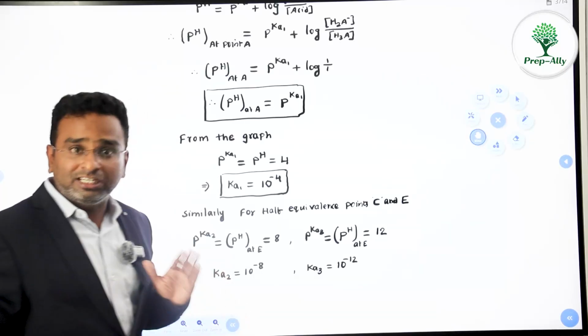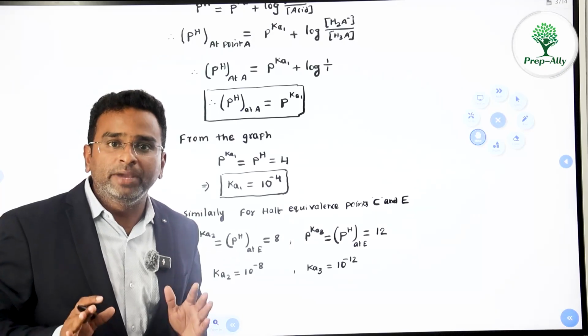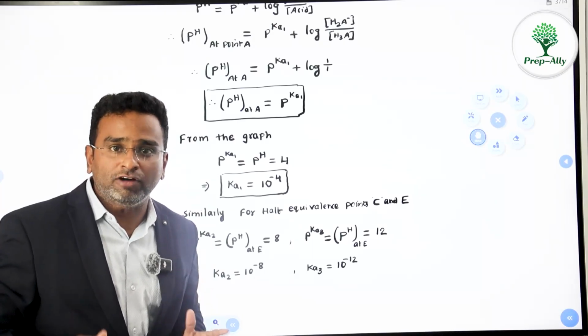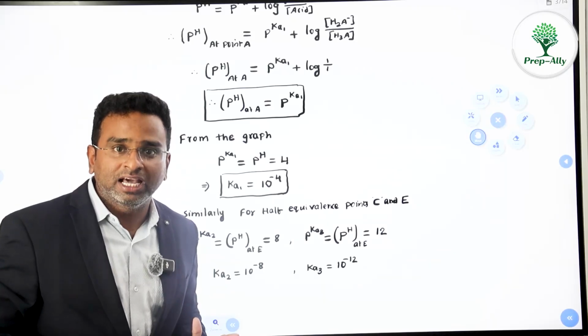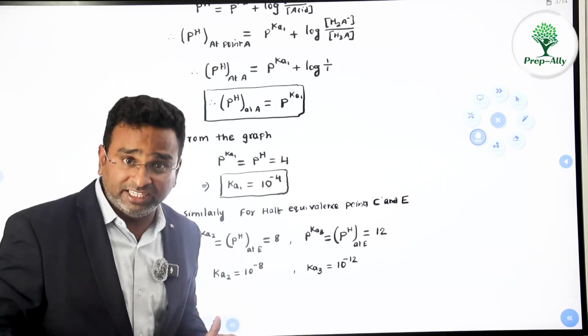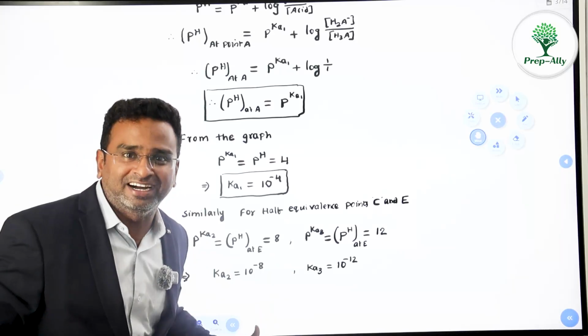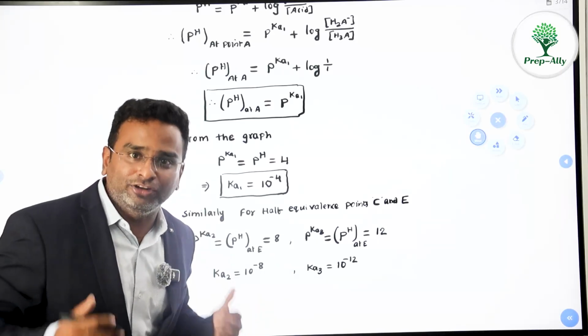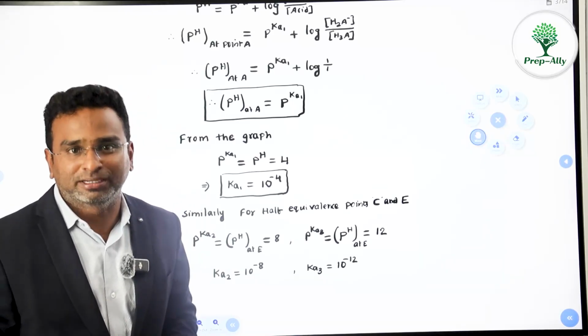So now the task I am assigning to you guys is to find out the pH of a mixture of 4, 3, 2, 1 moles of H3PO4, NaH2A, Na2HA, Na3A respectively by using this data. So you try on your own by pausing the video. After that I'll start explaining the concept.